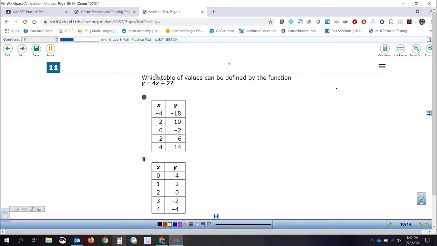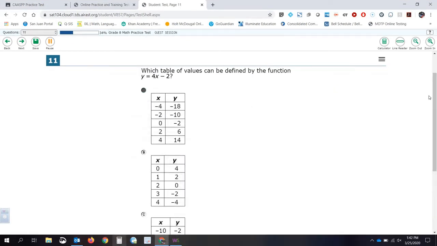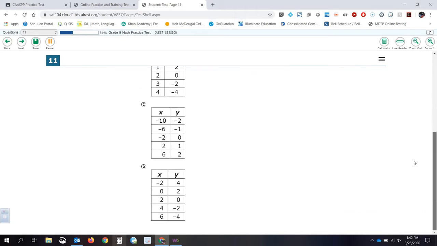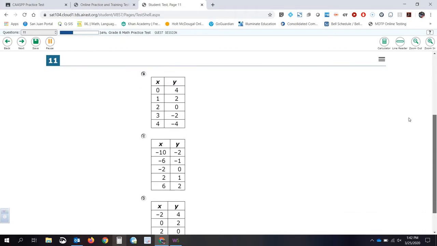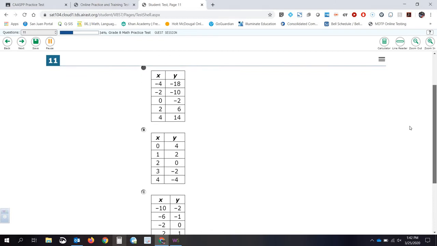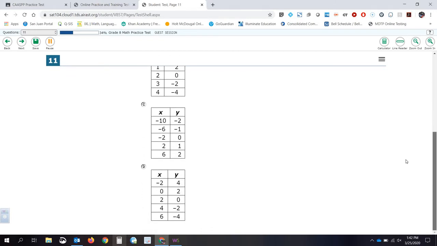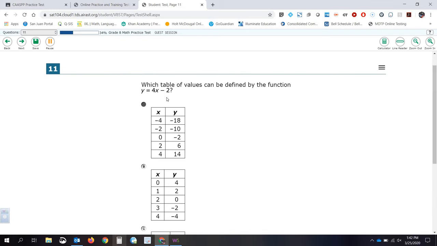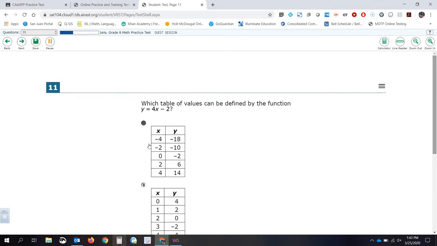We're only allowed to choose one. We know that because these are circles and not squares. So if we were to go through and check, we would see that the other ones did not work. So it looks like I already actually chose the first one to be correct. So that table goes with that equation. That's the answer to number 11.